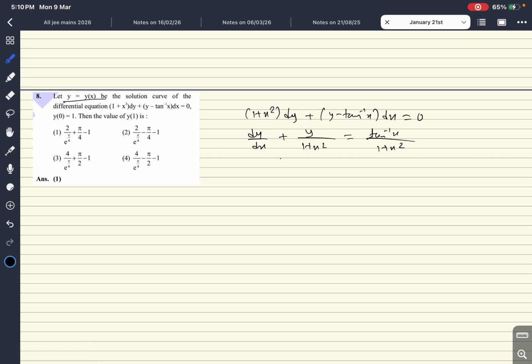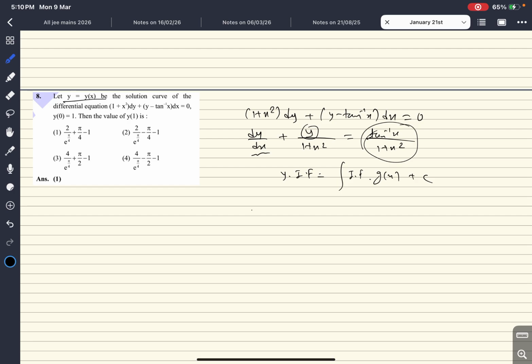So in the standard form, dy by dx plus f of x into y is equal to f of x. Correct. So what is the general solution of this? y into integrating factor is equal to integration of integrating factor into this f of x or g of x, whatever it will be there, plus c.